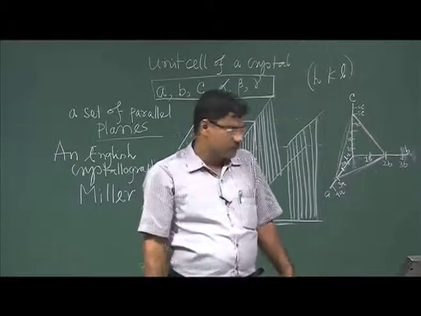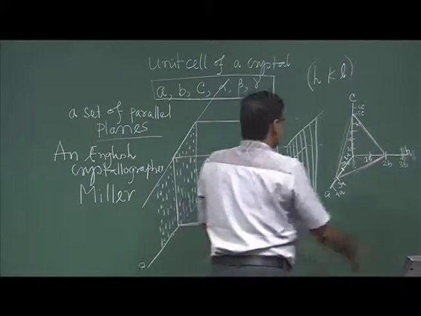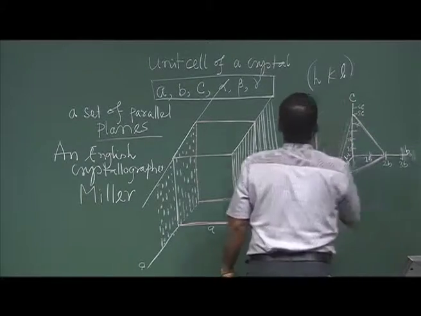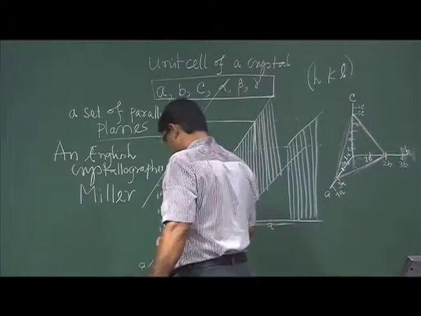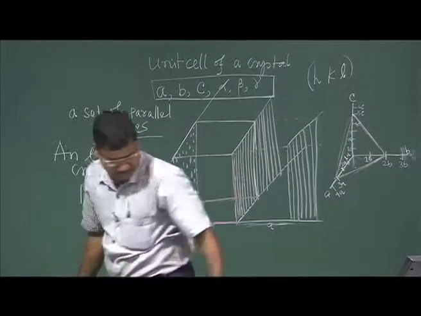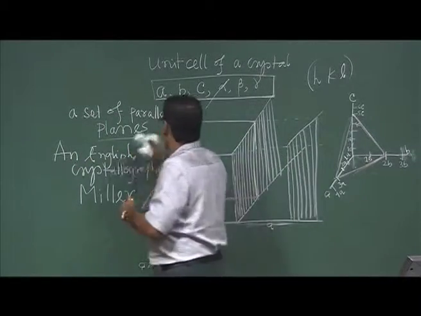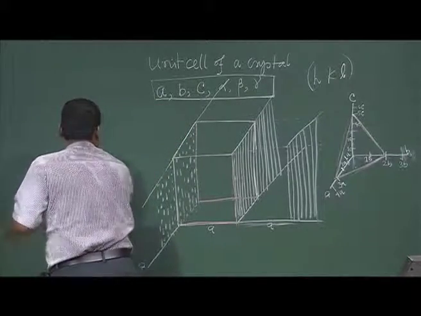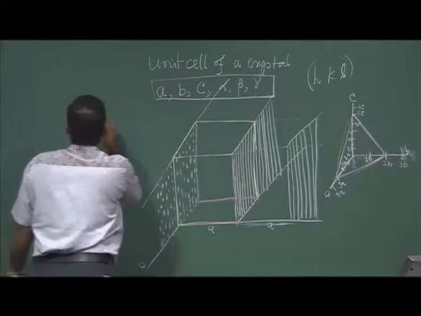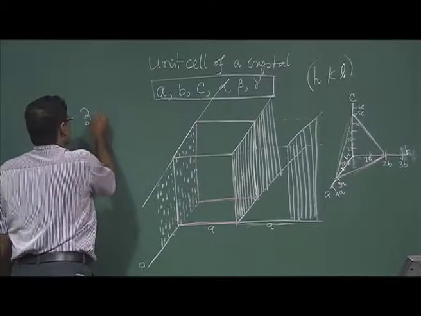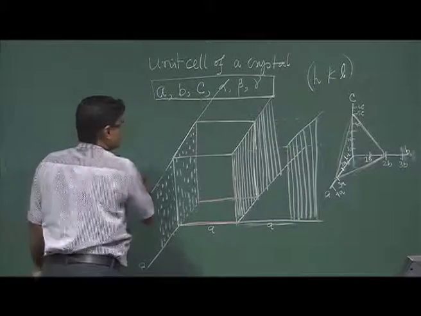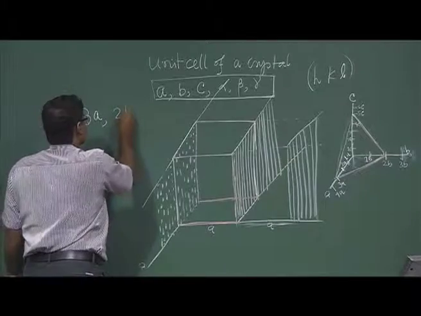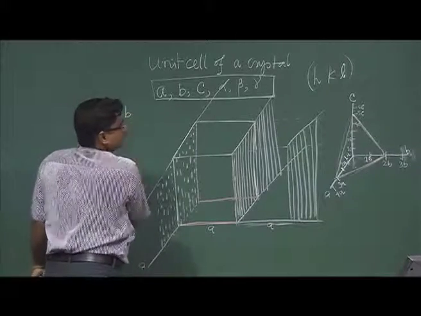Okay. So these planes intersect the A axis at 3A, B axis at 2B, and C axis at 5C.